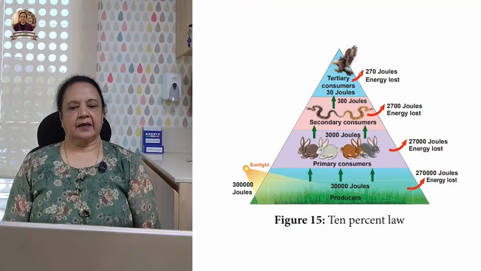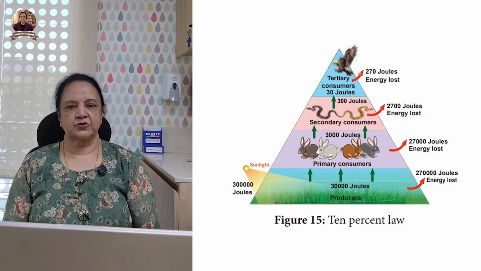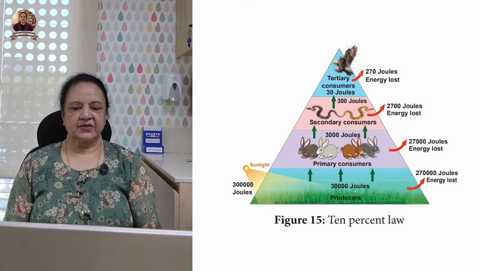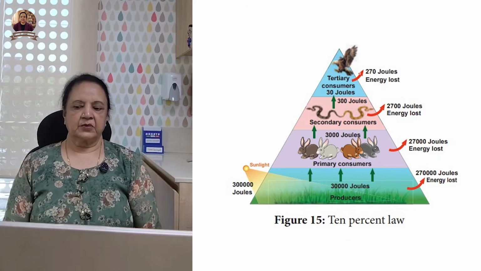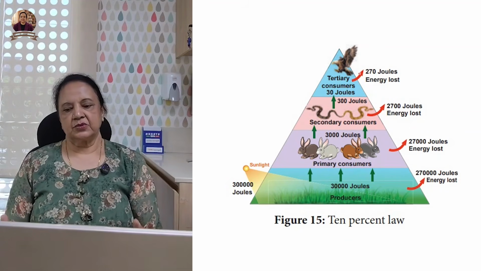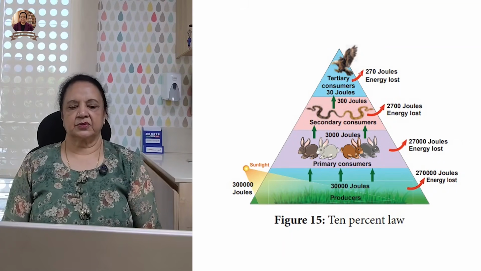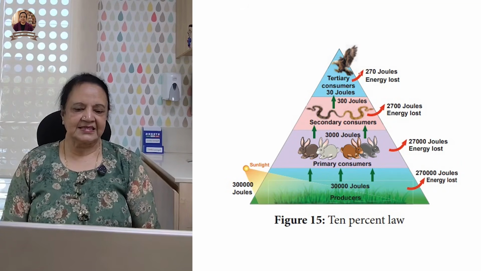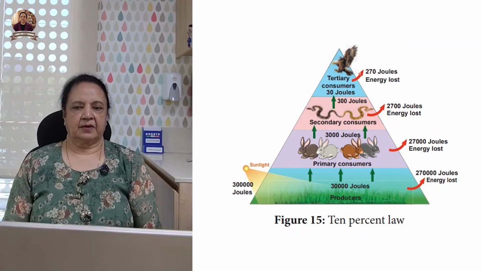It states that only about 10% of the energy available at one trophic level is transferred to the next higher trophic level. The rest of the energy, about 90%, is used up in the metabolic processes like respiration, growth, reproduction, etc., or is lost as heat to the environment.